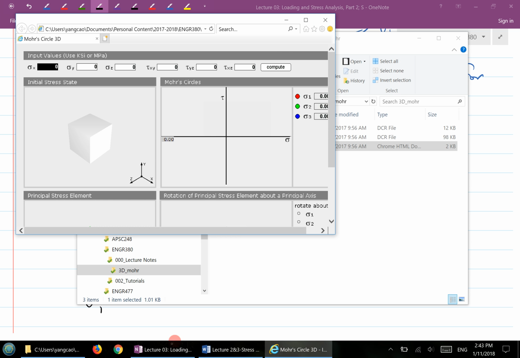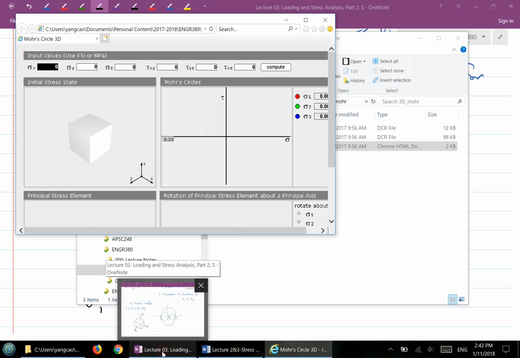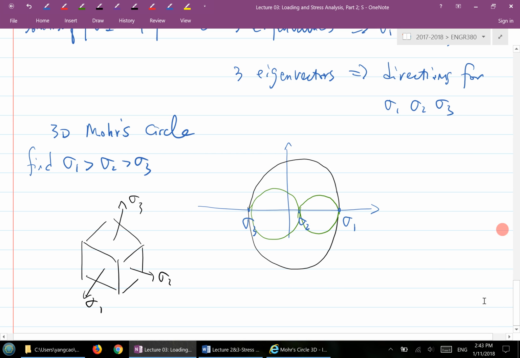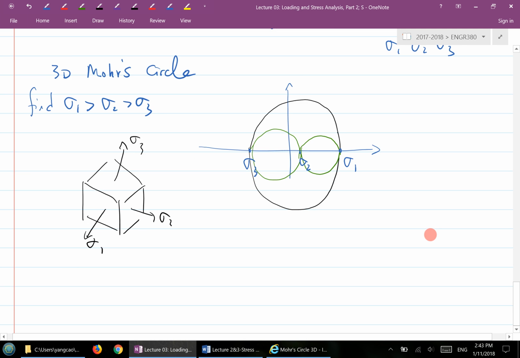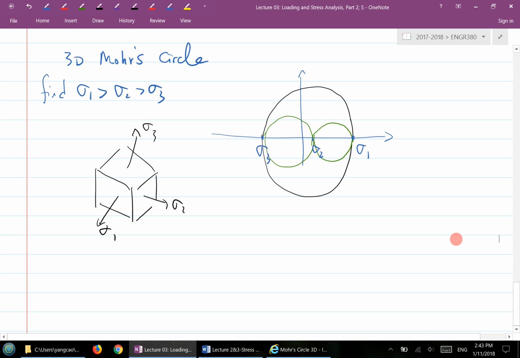Anyway, let me maybe try it next time. It works offline, but somehow it didn't work. Whenever you want it to work, it doesn't work.